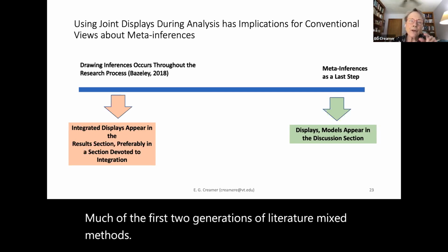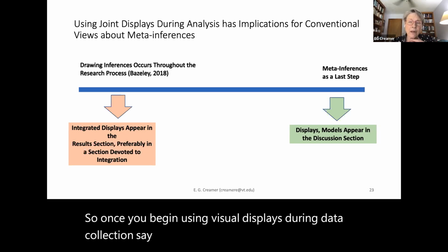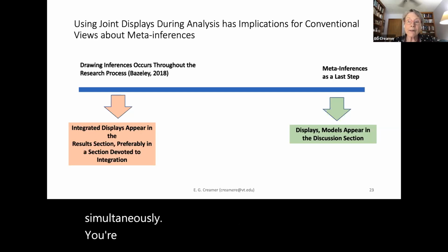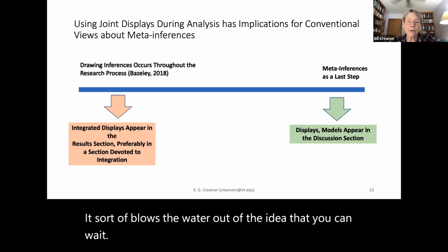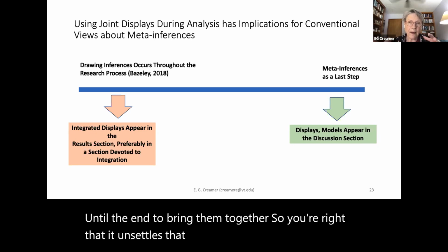So once you begin using visual displays during data collection, say with grounded theory, and you're collecting and analyzing data simultaneously, you're bringing qual and quant together simultaneously. It blows the idea that you can wait until the end to bring them together out of the water. So you're right that it unsettles that idea.